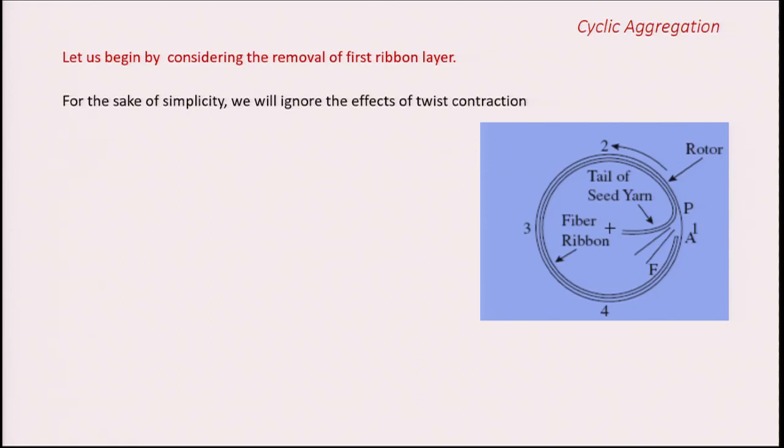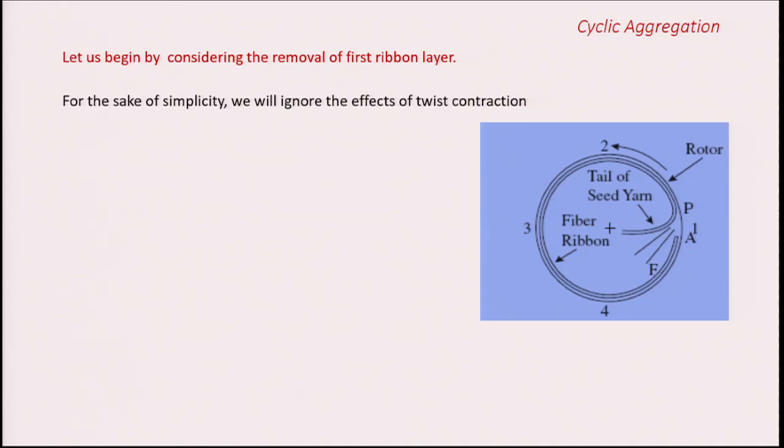Okay. Now, let us see what is going to happen as the rotor rotates. Let us say the rotor is going to rotate in the counterclockwise direction. The point A is there, P is there, F, all of them are at a single point to start with. Now, for the sake of simplicity, let us ignore the effect of twist contraction.